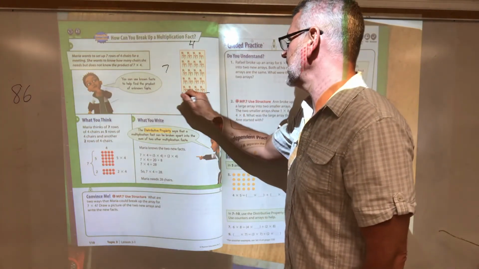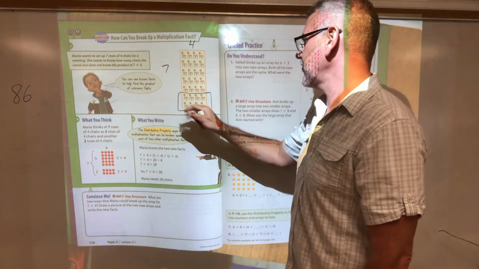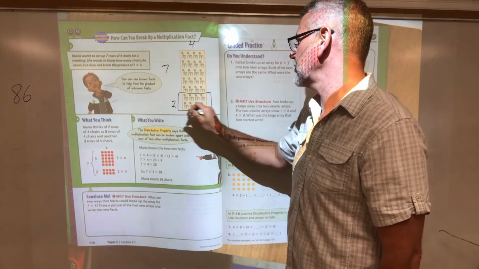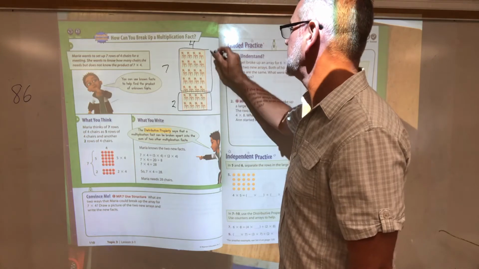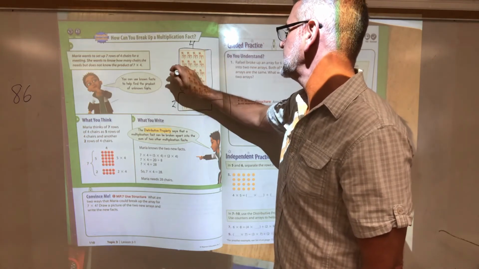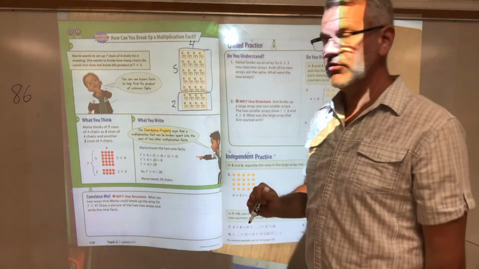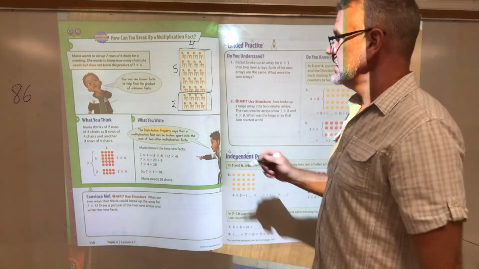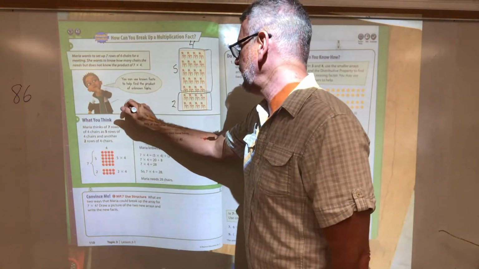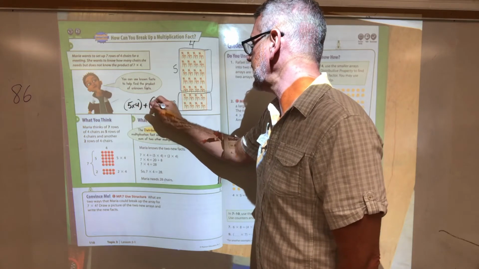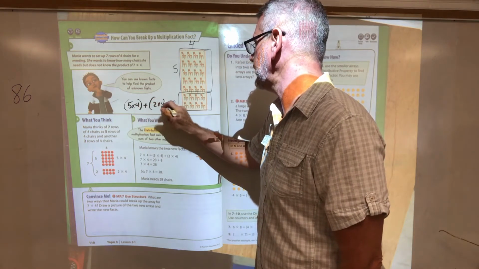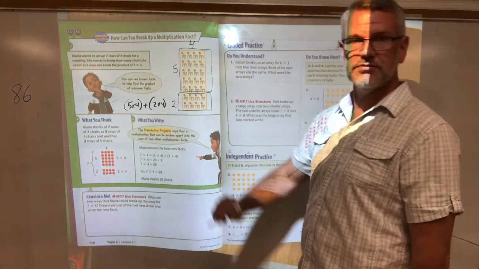I'm going to take these chairs and count them. So that's 2 rows of 4. And then I'm going to take all these chairs and count them. So that's 5 rows of 4. So now I can say, well, I've got 5 groups of 4, and I have these 2 groups of 4. And 5 groups of 4 is 20.